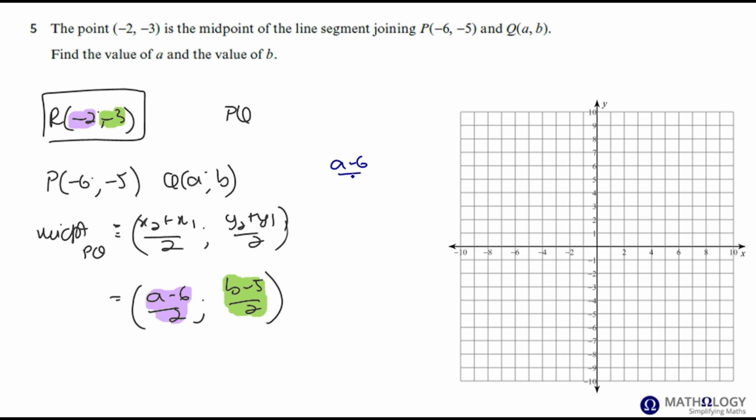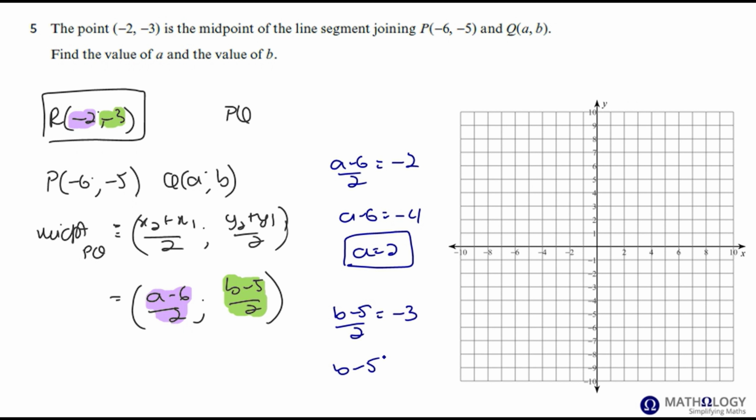So a minus 6 over 2 equals minus 2, a minus 6 equals minus 4, a equals 2, and likewise b minus 5 over 2 equals minus 3, b minus 5 equals minus 6, b equals minus 1. So Q, in other words, is the point (2, minus 1).